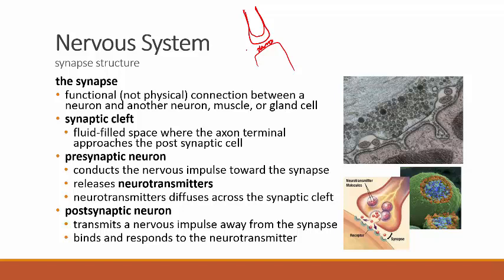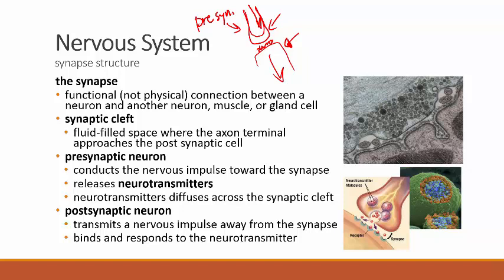It's a fluid-filled space, and this is where the axon terminal approaches but doesn't touch what we talk about as the postsynaptic cell. So here we have the axon terminal of the presynaptic cell, because the information is coming this way toward the synapse. And here is a dendrite, let's say, of the postsynaptic cell, the second cell in this circuit.